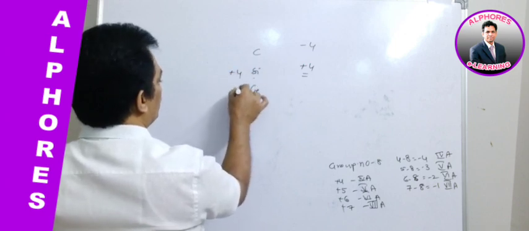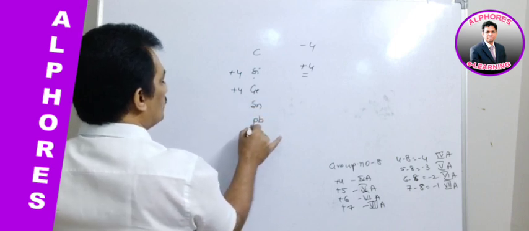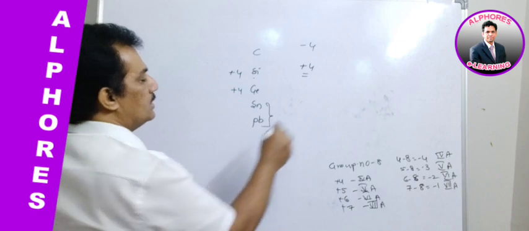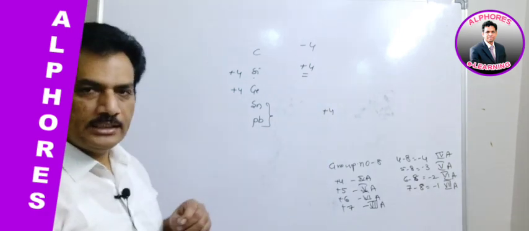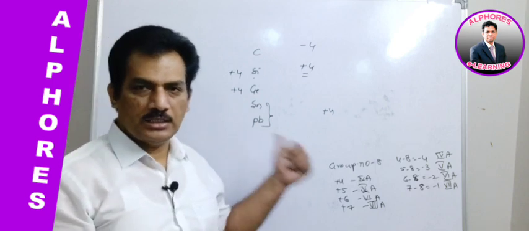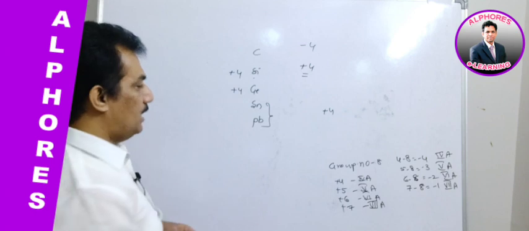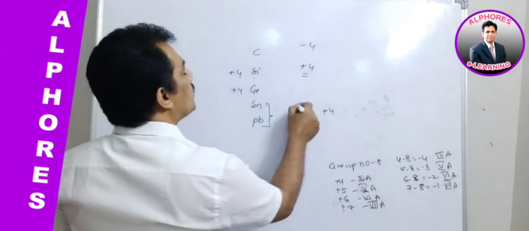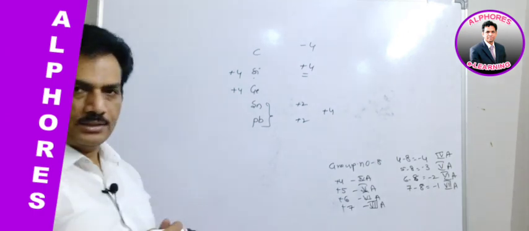And in this fourth A group also, carbon, silicon, it always exhibits only +4. Germanium +4. Tin, lead. And now coming to these two elements, similar to that of previous group, generally they should exhibit +4 oxidation state as per the group number, maximum oxidation state. Clear? But these two are also able to exhibit +2 oxidation states.